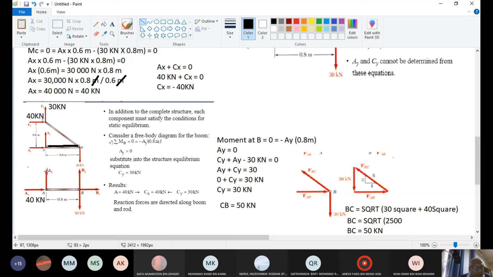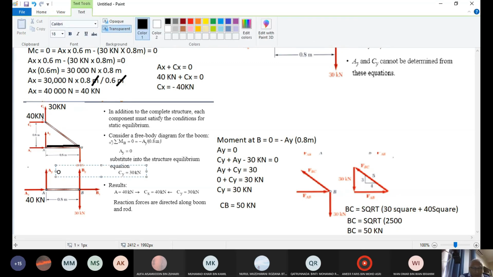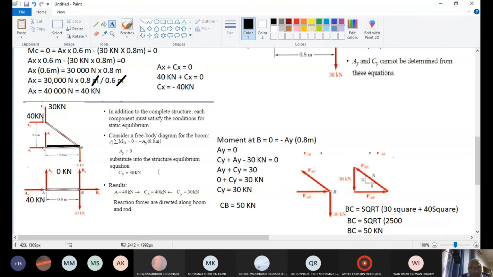AY is 0, AX is 40, and CX is 40. CY is 30. So you have all the forces that you build in the system through the equilibrium free body diagram. Through the equilibrium equation based on the free body diagram, you're able to assemble the equations and solve all the forces.